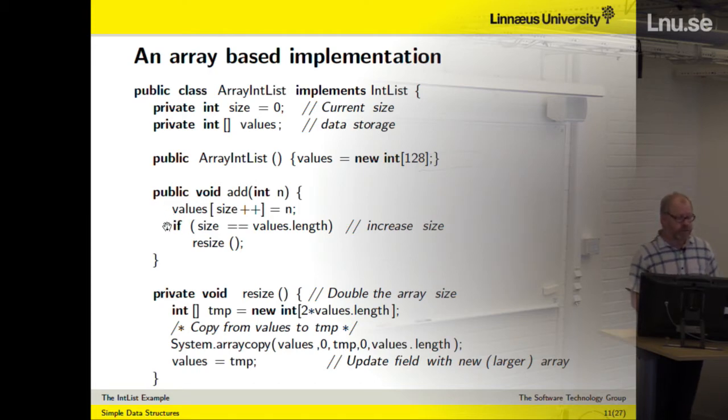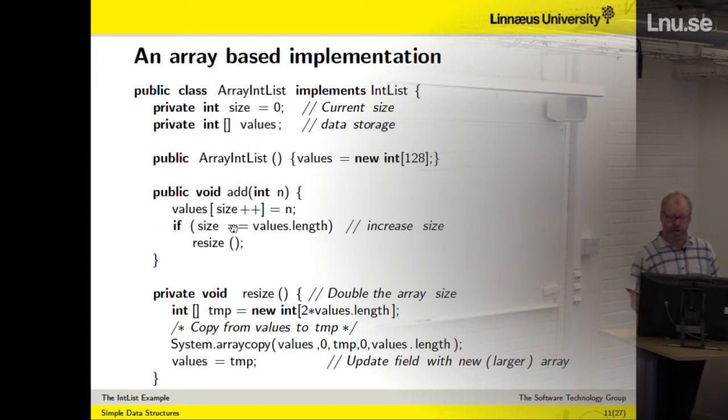However, at certain times, for example, for the first time when I have added my 128th element, then I recognize that the size is the same as the size of this array, and then I need to grow. Otherwise, the next time I try to add something, I will be out of range of the array.